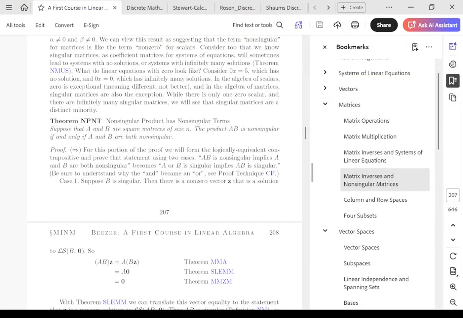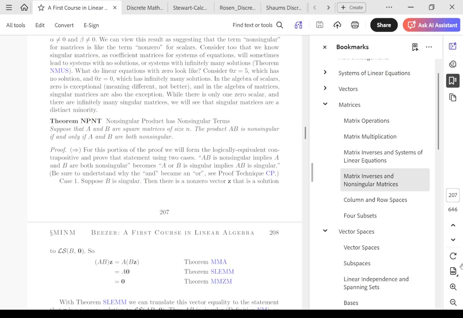Before we get into that, we'll start by introducing our first theorem. Let me switch over to our textbook. We're in section MINM, matrix inverses and non-singular matrices, where we establish some connections between both of these things.